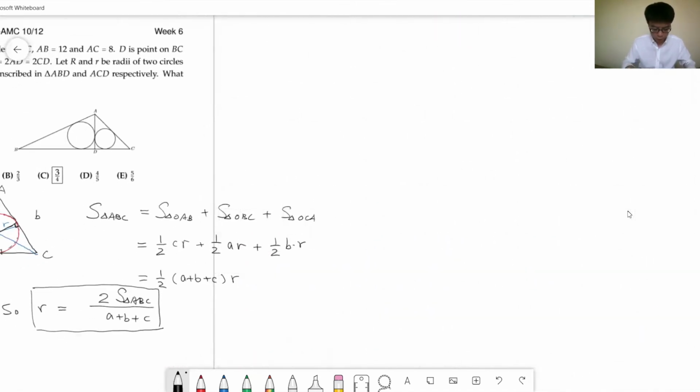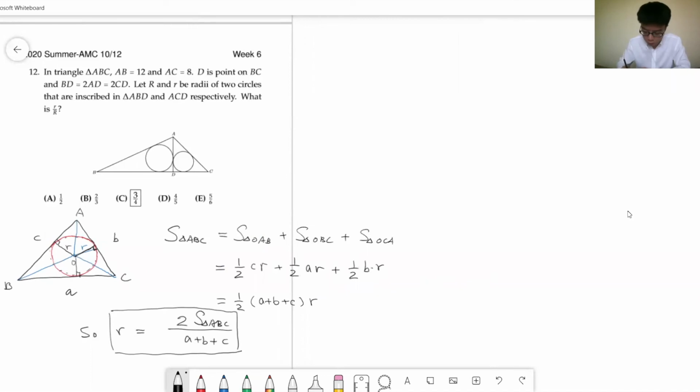Okay, so in our problem, we have this big circle. Okay, let me redraw the picture. Let me just mark in our picture.